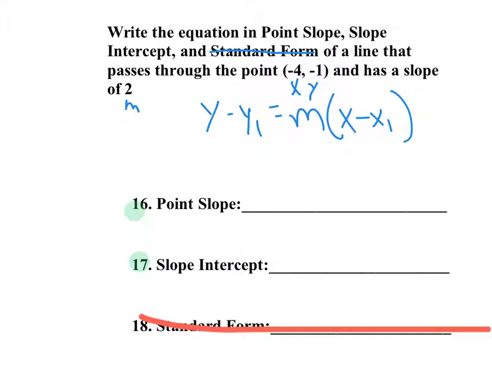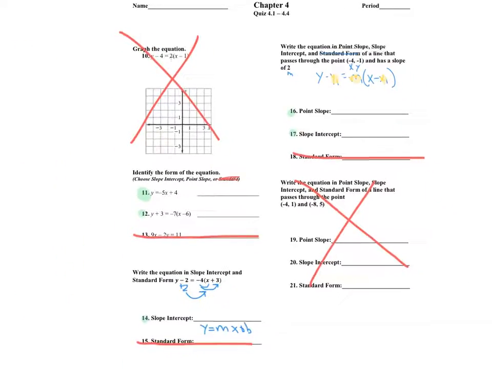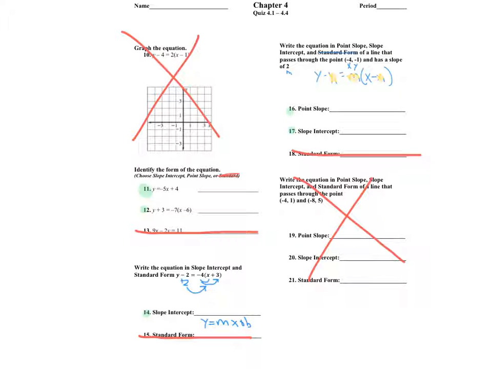Okay, and remember the parts we're replacing are, whoops, I meant to highlight that, sorry. There we go. Here's the parts we're replacing. And you're actually doing the same thing that you did down here in number 14. The same steps apply here. So once you plug these in, write that here in point slope form. They want to know what that looks like first. Then work it out and write your final answer in slope intercept.